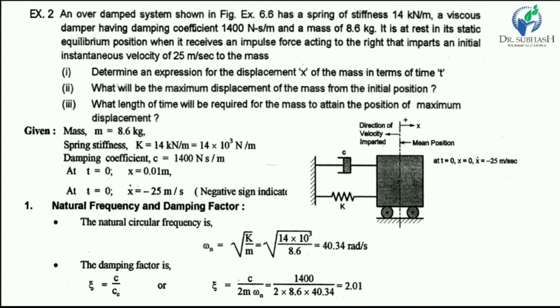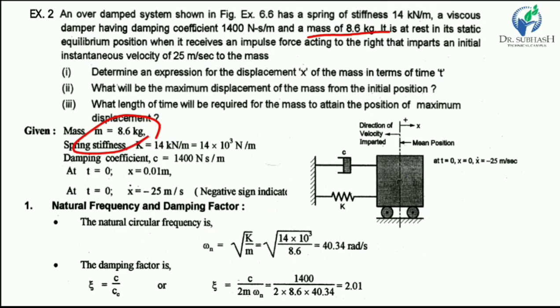A viscous damper having a damping coefficient of 1400 Newton second per meter. So the damping coefficient C is given as 1400 Newton second per meter, and the mass is 8.6 kg.